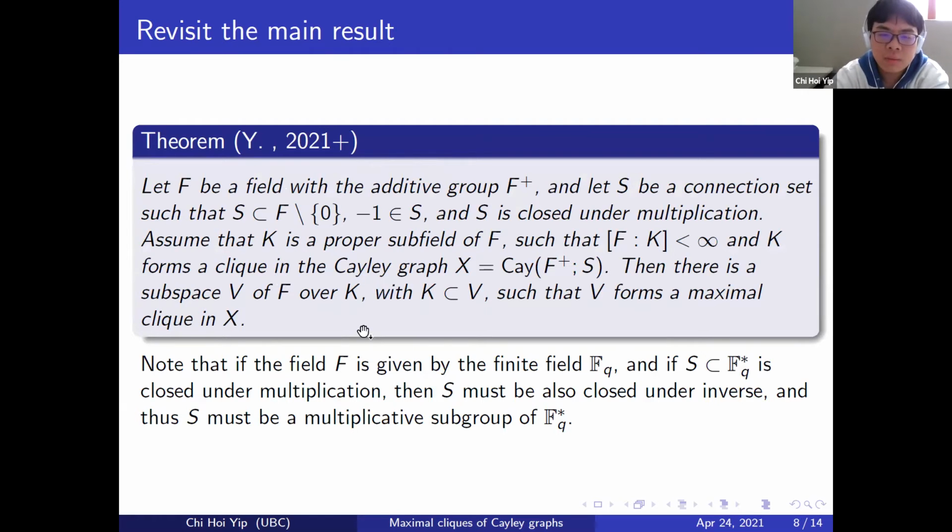For our purpose, we will take the field F to be a finite field, F_Q. Then because S is a subset of F_Q star and S is closed under multiplication, we must have S closed under inverse. Based on these two conditions, we can immediately conclude that S must be a multiplicative subgroup of F_Q star.